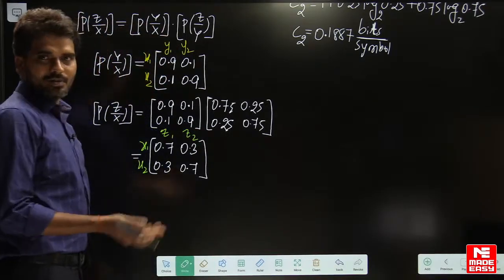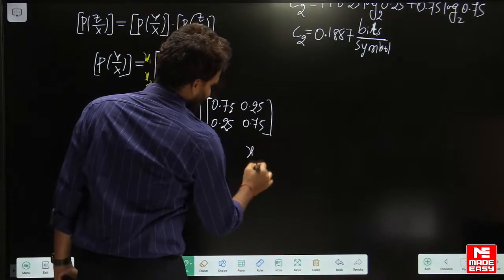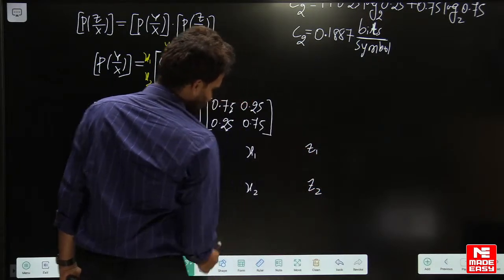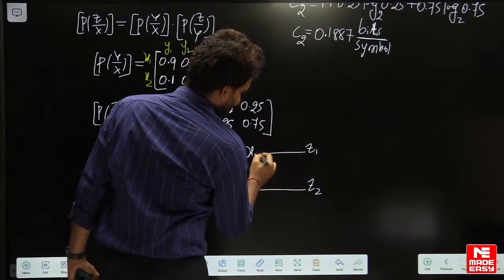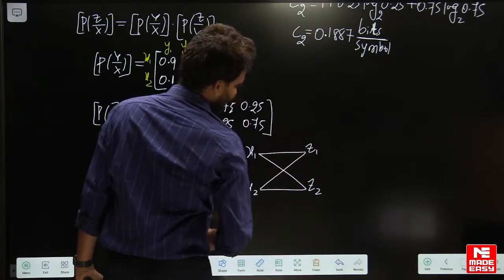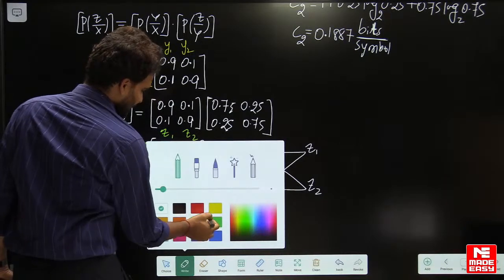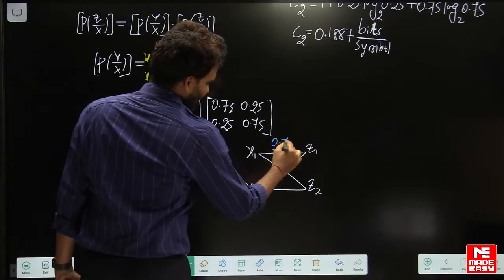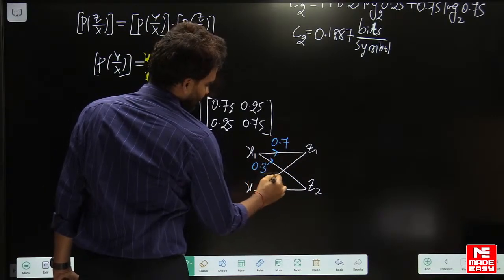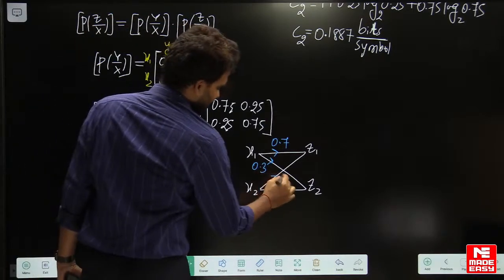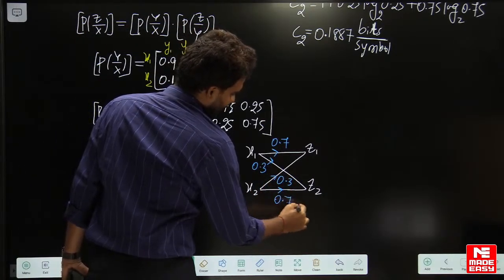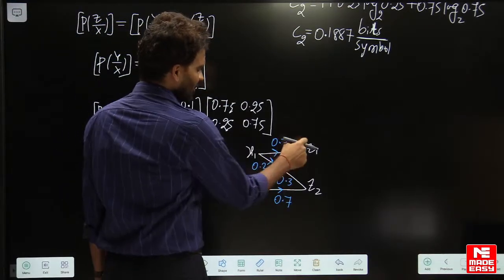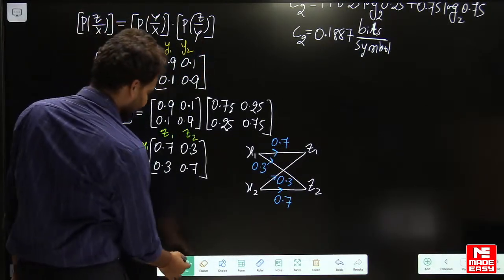So what will the corresponding channel diagram be? x1, x2 transmitted and z1, z2 received. This is the equivalent channel I'm writing. Transmitted x1 received as z1 is 0.7 and 0.3, and x2 received as z1 is 0.3 and 0.7. So this equivalent channel is also a binary symmetric channel, since 0.3 and 0.3 are equal.